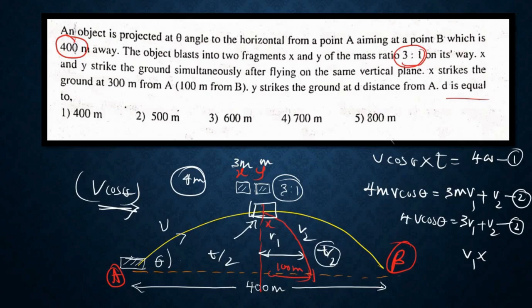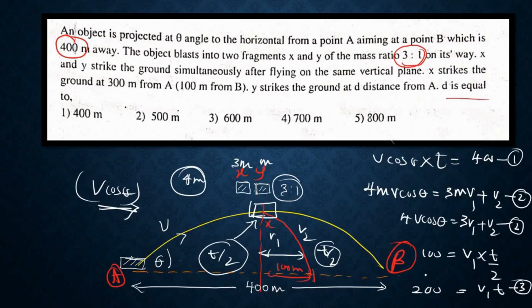Whatever the horizontal motion is, the vertical motion is the same, so we can take the same time for the other half as well. So it's v1 times t by 2, and that must be equal to 100. Let's simplify it a bit: v1 t equals 200, and we have the third equation.